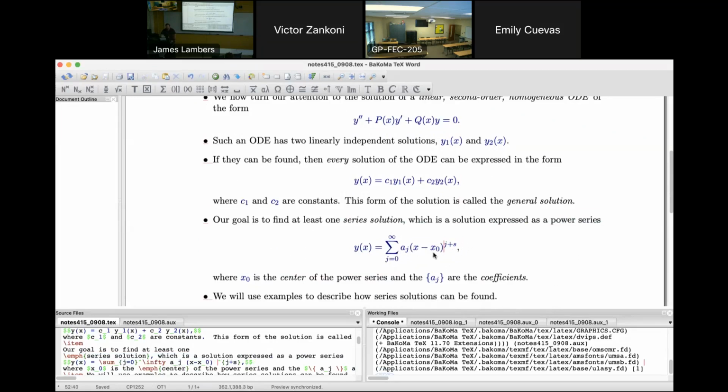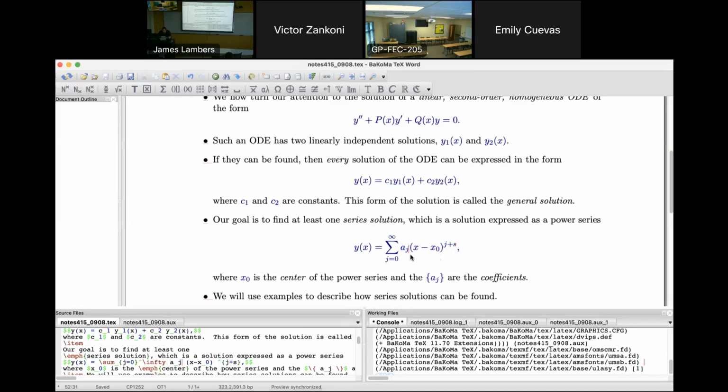Normally raised to an integer power, but we have this extra term here in the exponent, j plus s, where s does not necessarily have to be an integer. So what we first have to find out is what the possible values of s are. And then we go about finding all the coefficients, a0, a1, a2, and so on.